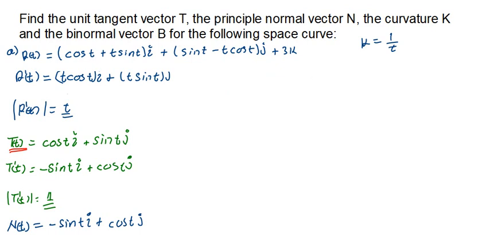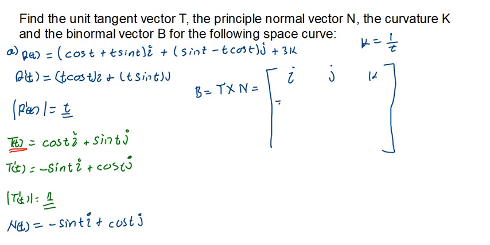So the last part that we have to find is the binormal vector B. Okay, so the binormal vector B is simply equal to the cross product of the unit tangent vector by the principal normal vector. So we're going to have our i here, then j, k, like that. Okay, so the j component of our T is minus sin? Okay, that's a positive.